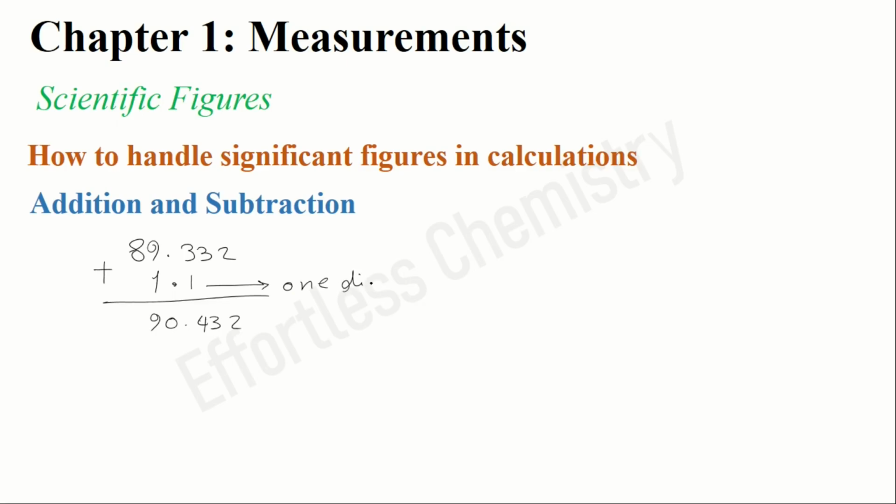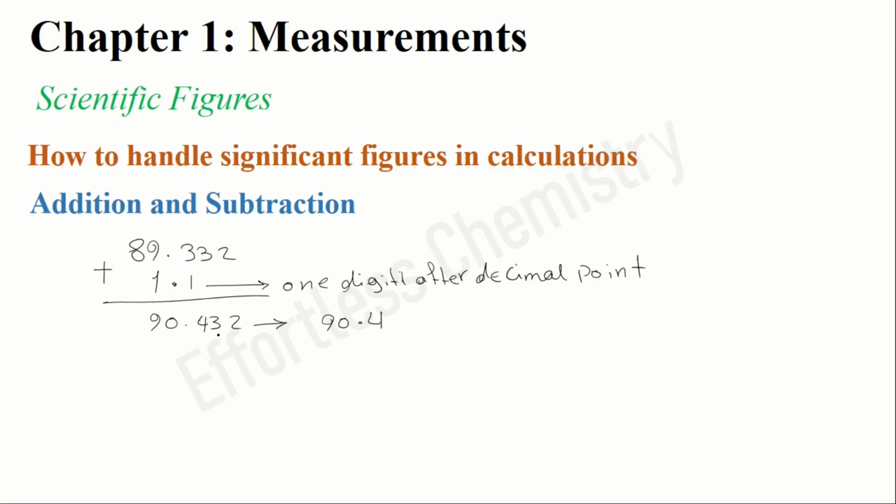One digit after the decimal point. And we round off our answer to 90.4. Here are some rules for rounding off.